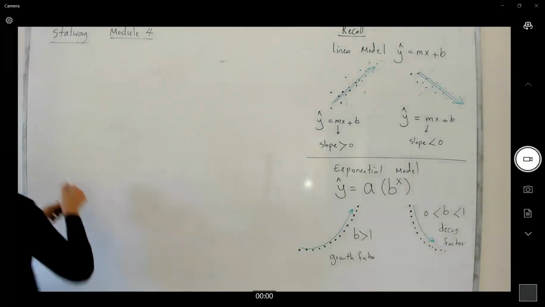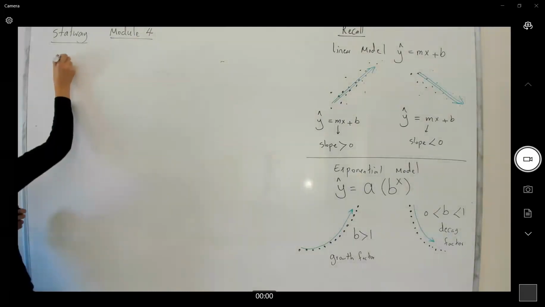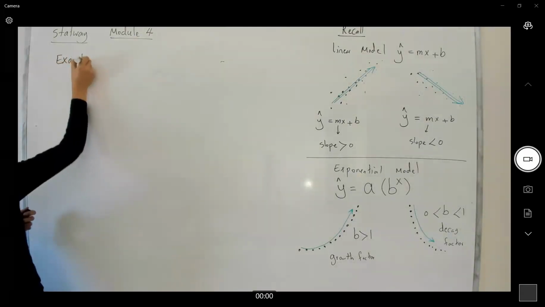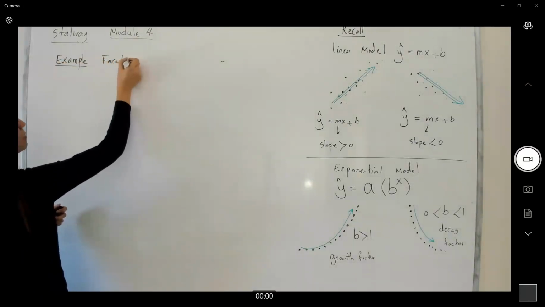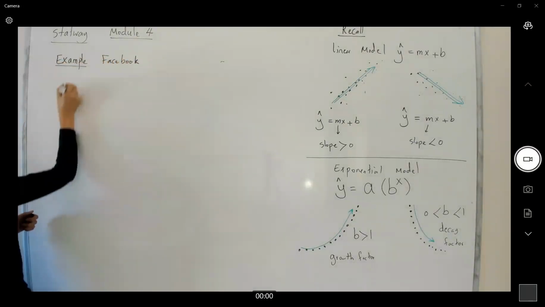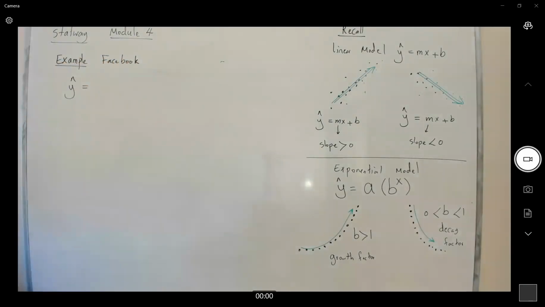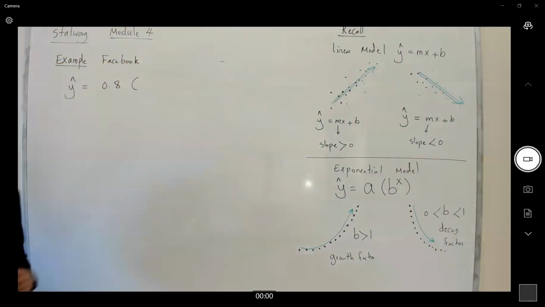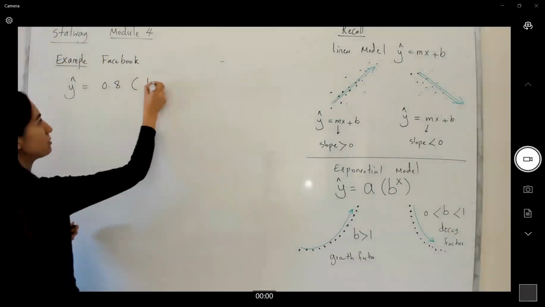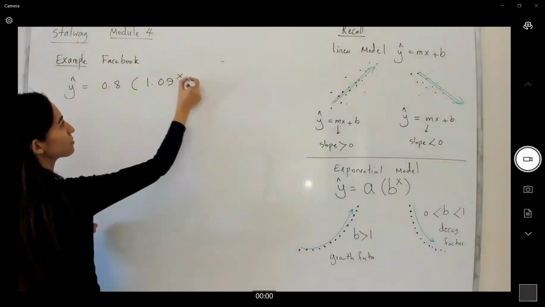In the example for Facebook, y hat is given as 0.08 times 1.09 to the x.